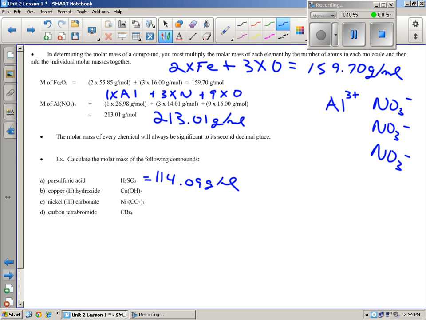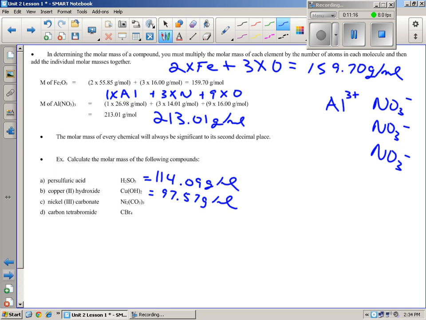114.09. Copper 2 hydroxide, actually I think I remember this one, it's 97.57. Is that right? Grams per mole. Nickel 3 carbonate, so don't forget 2 nickels. You need 3 carbons and 9 oxygens, because the 3 goes to everything inside the brackets, of course.